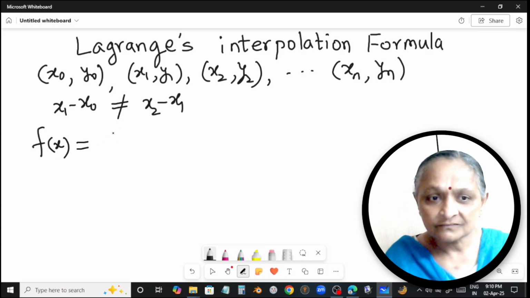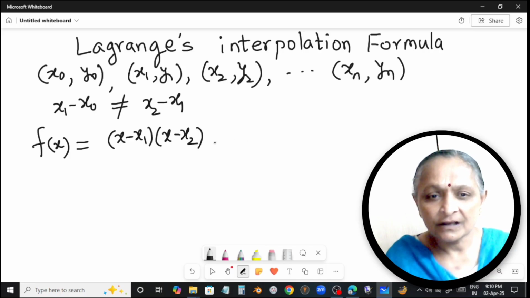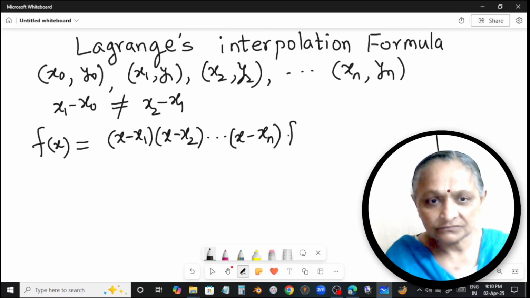as x minus x1 into x minus x2 into and so on x minus xn multiplied by a constant a.